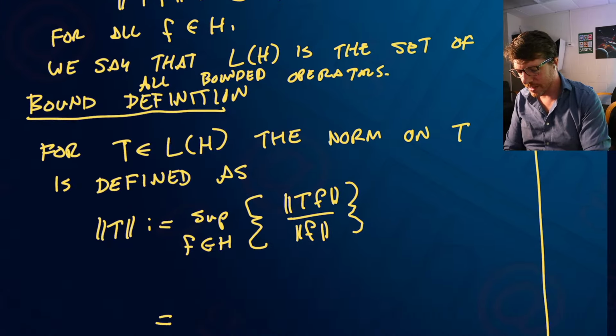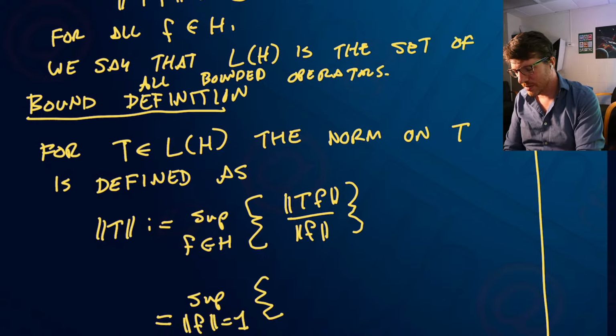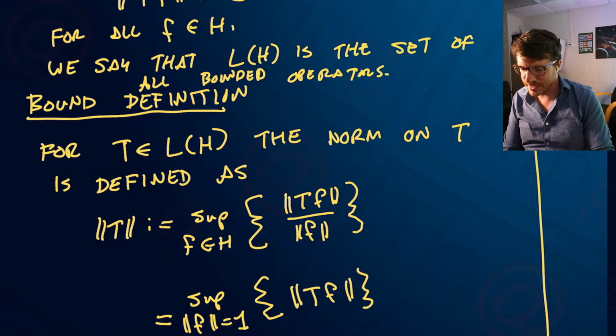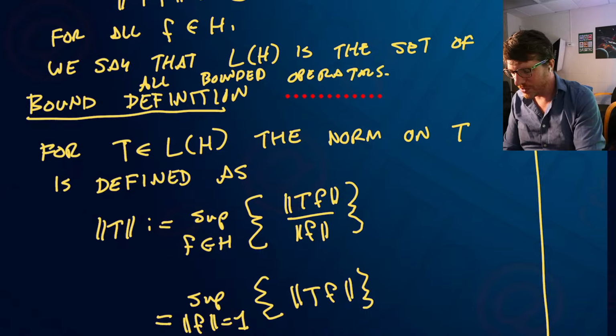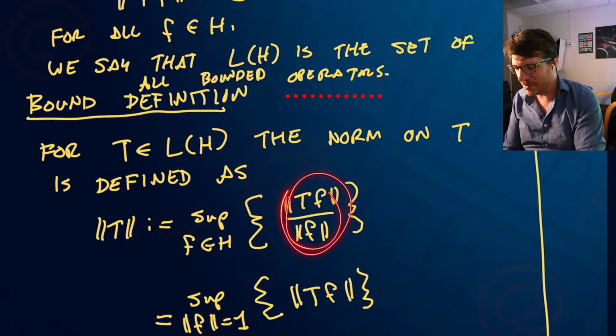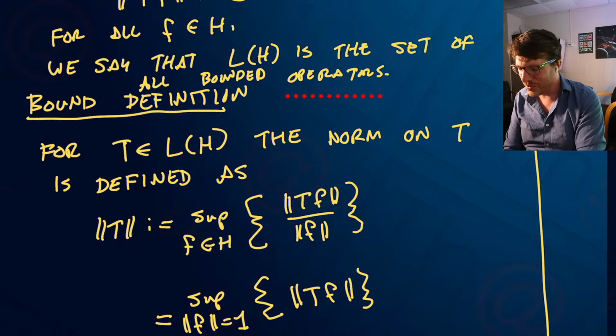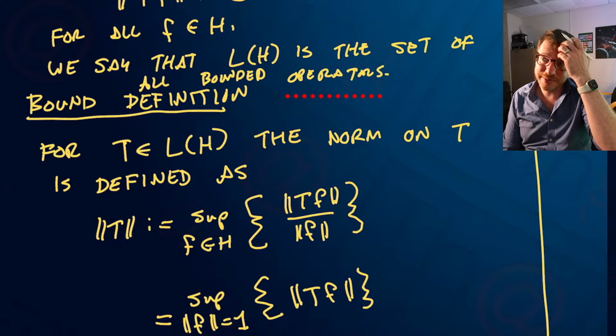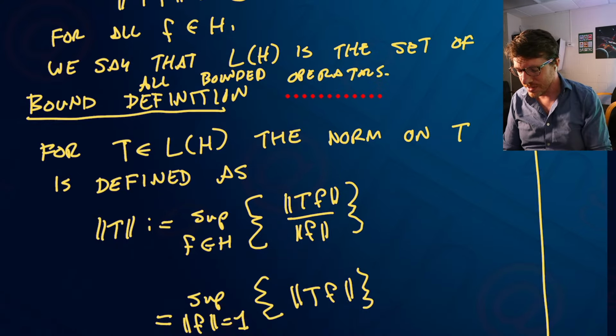Or another way of looking at it, the supremum over all f with norm of f equal to 1 of the norm of Tf. Getting that one bit is pretty straightforward. Every time you write this, you can move the 1 over the norm of f inside as a scalar, and then combine it with this to get something of norm 1. And so that is the norm.